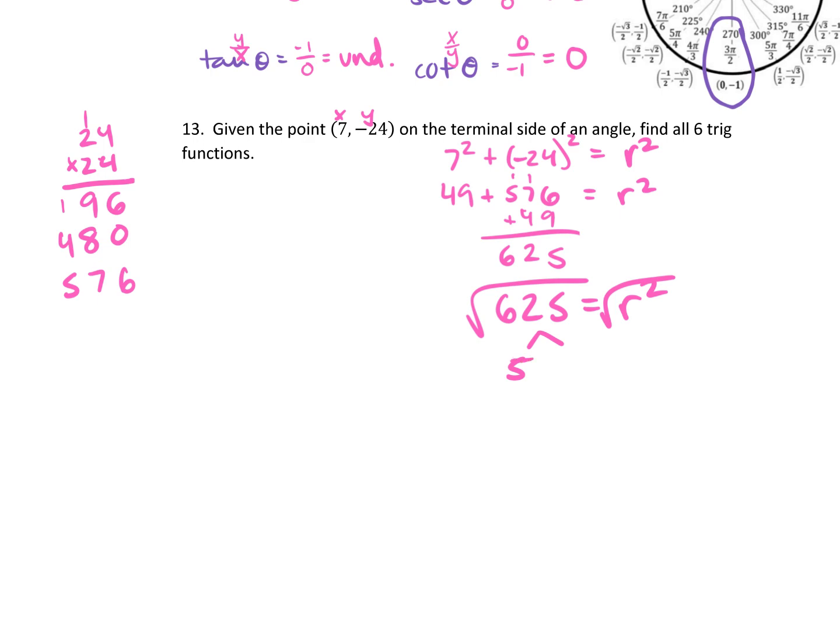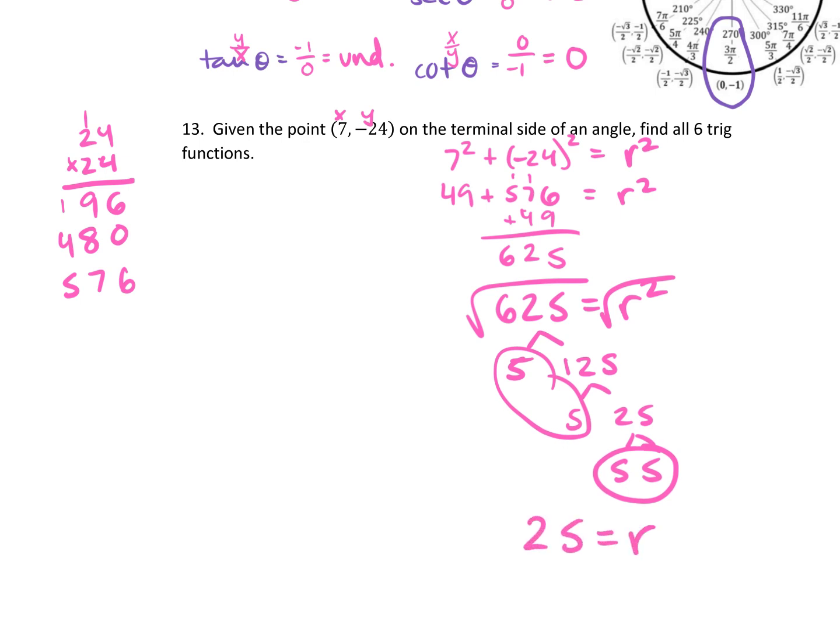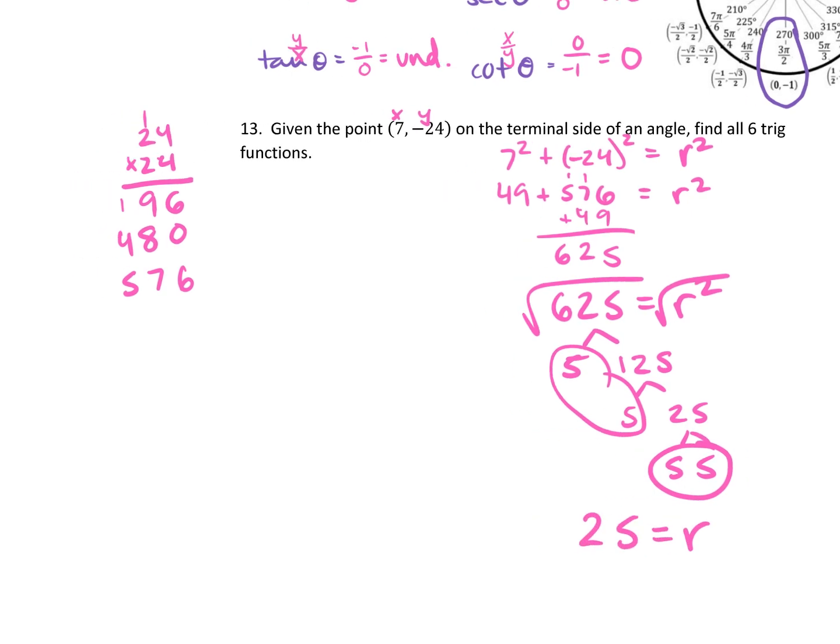Let's see what the square root of 625 would be if it is a perfect square or if it simplifies. Either way, we got to simplify it. So 5 goes into 625 how many times? 125 times. 5 goes into 125, 25 times, and 25 would be 5 and 5. So you have a pair of 5s and a pair of 5s. So what would come to the outside? 5 times 5, which would be 25. So our r is 25.